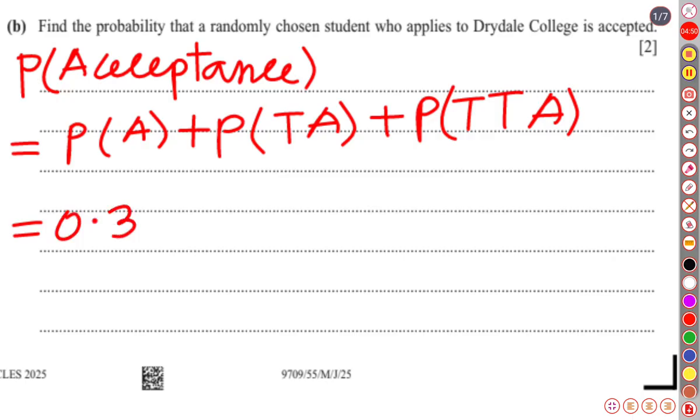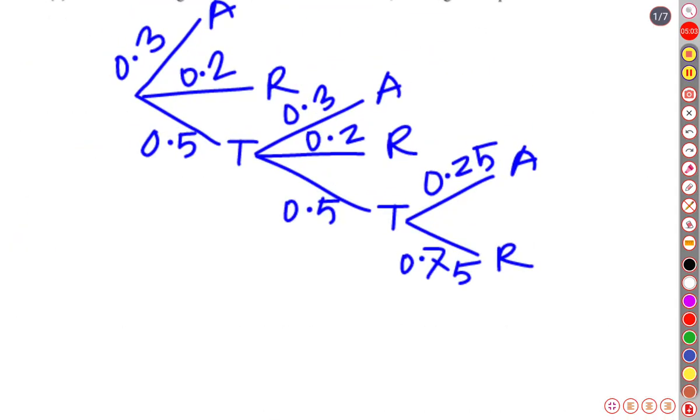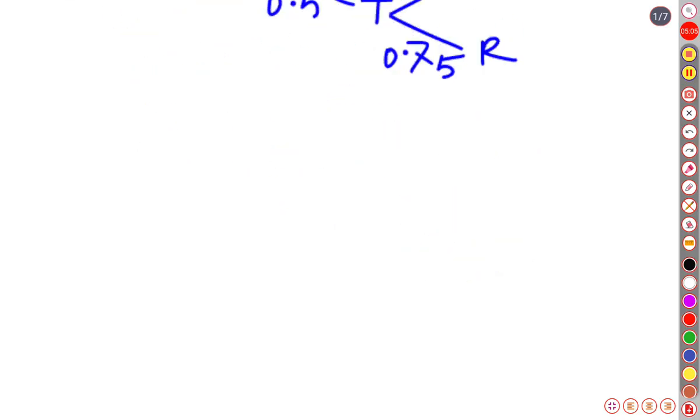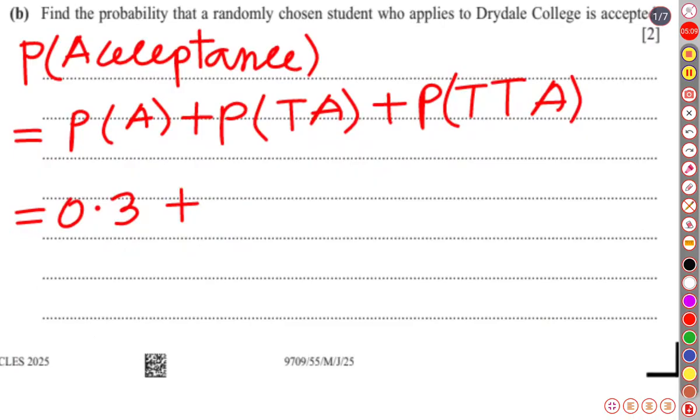First acceptance is 0.3. Or the first time he was retested, so the first retest probability was 0.5, but the second time he was accepted, with probability 0.3.